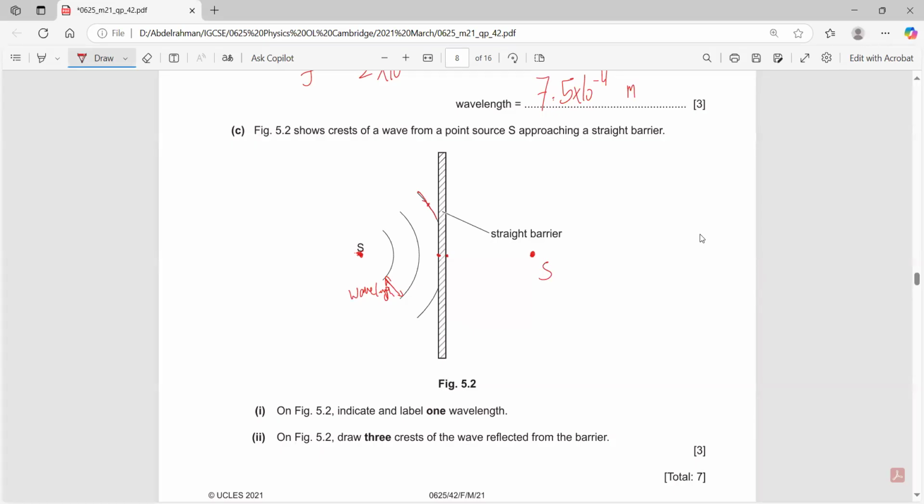Draw the remaining wave this way. Why? Because it has the same wavelength. When you draw it this way, it will complete the wave, but it is kind of reflected in water. Okay, so this is the first wave.